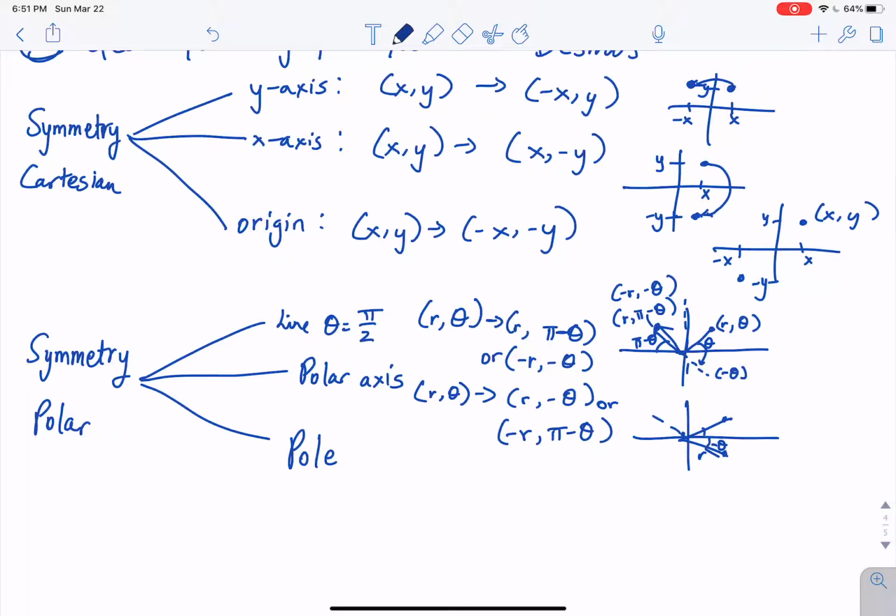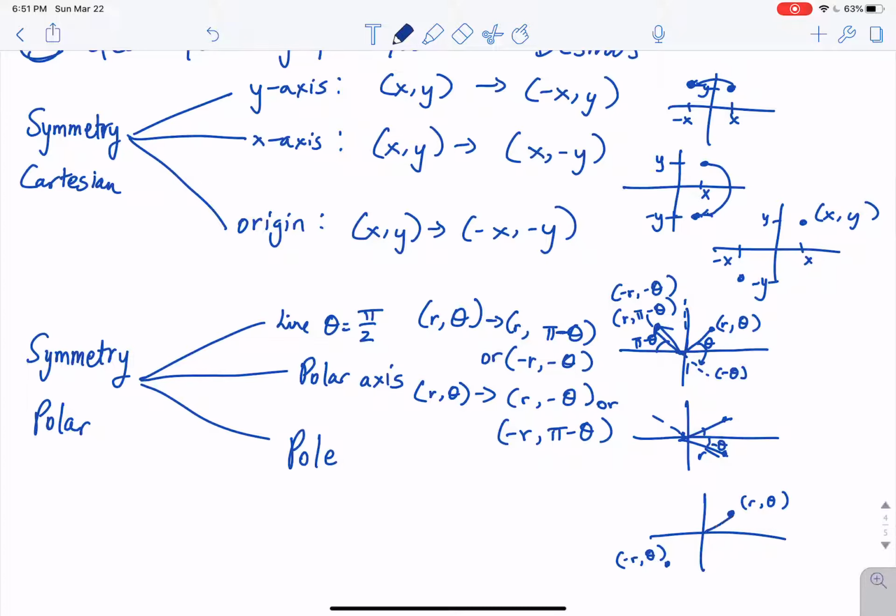I think about, because these are angles, there are a lot of different ways you can describe them. So there are a few different tests we can do. For the pole, this is on the origin. So if I have r theta, and now my point goes there, well, that's either a negative r, but the same theta, right?